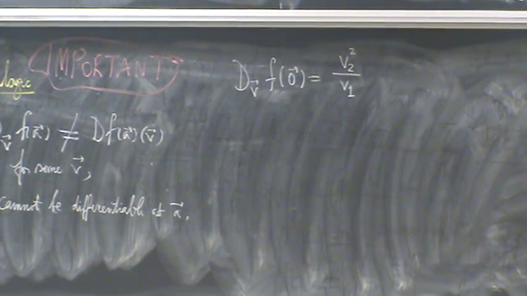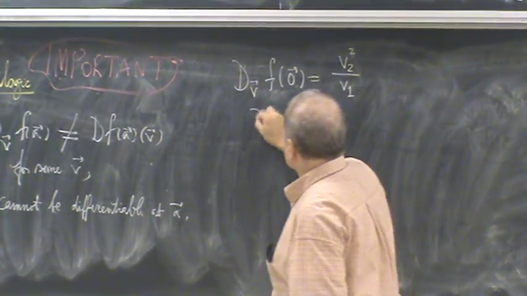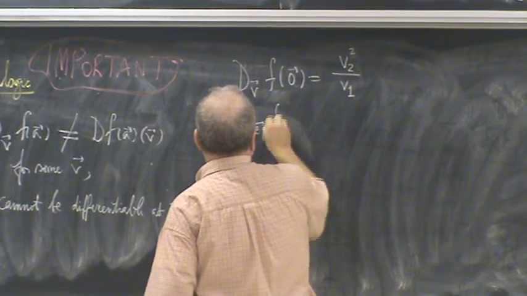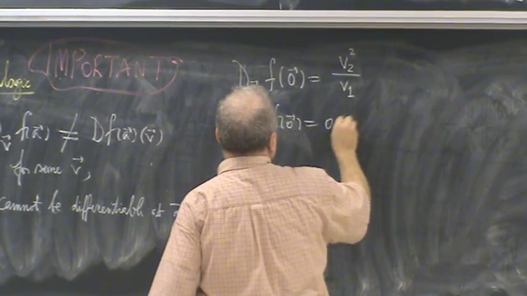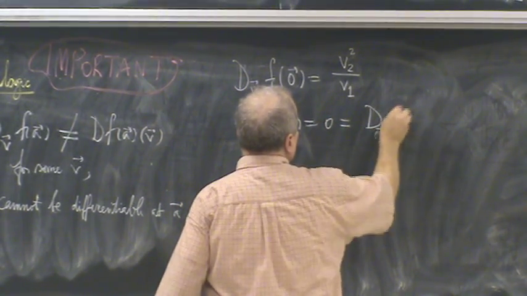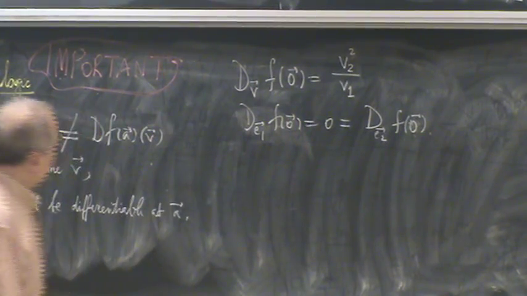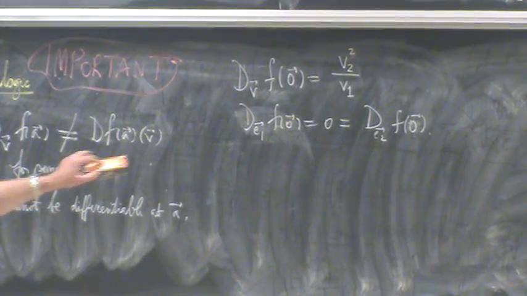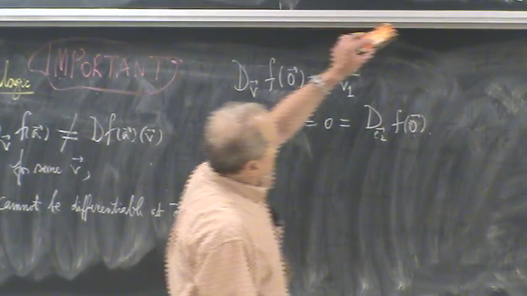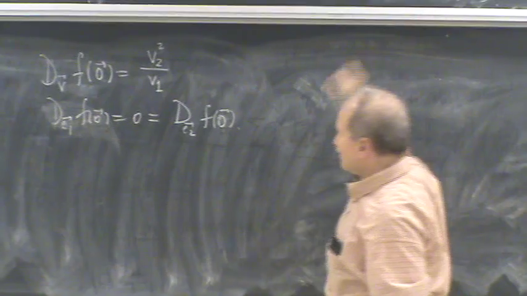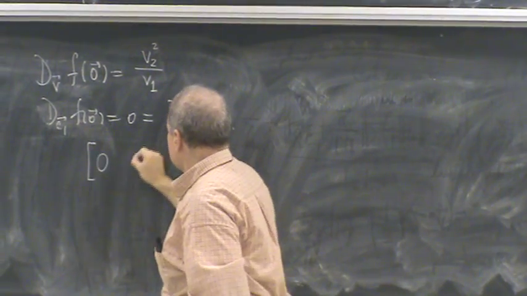And we had both partials equal to 0. I'm pretty sure that if you put these partials into a matrix, you would get the 0 matrix.